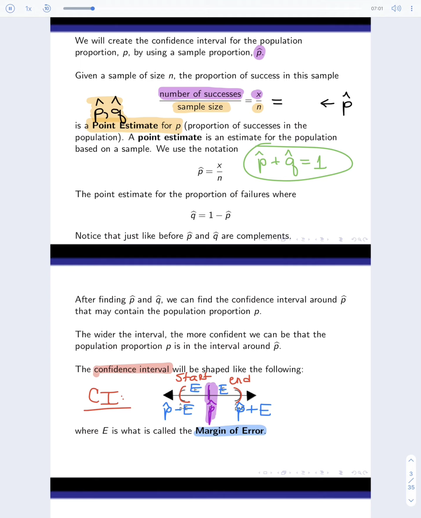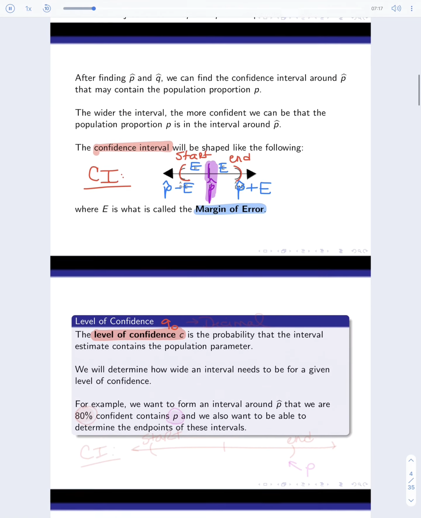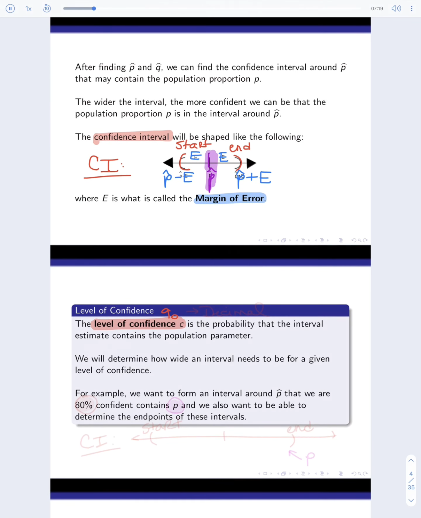But in order to create these confidence intervals, we have to be given a level of confidence. And this level of confidence is going to be a percentage. So we'll say something like we want a 90% confidence interval for the population proportion.